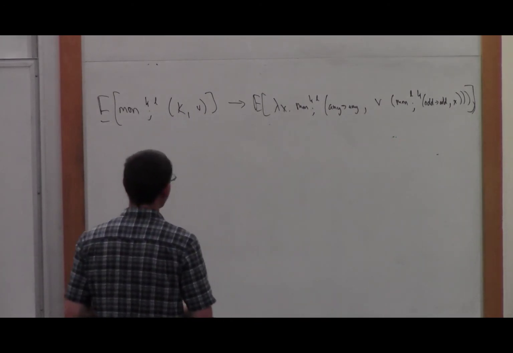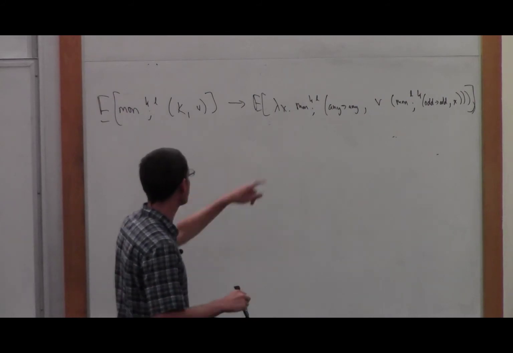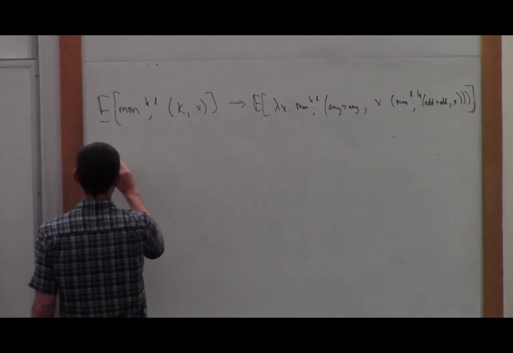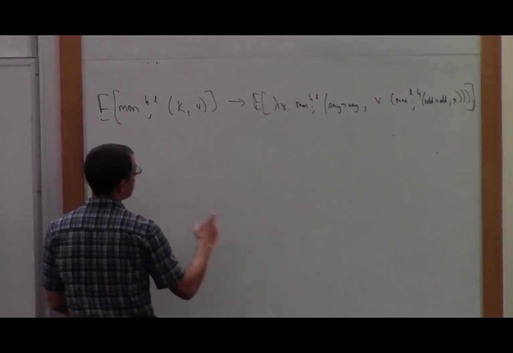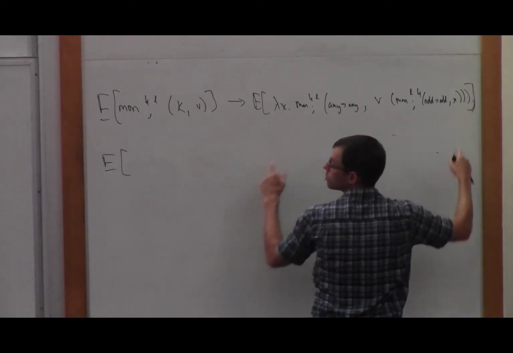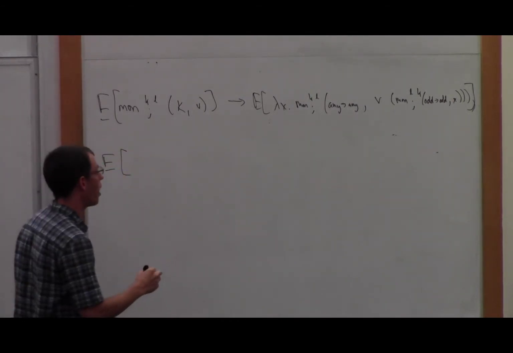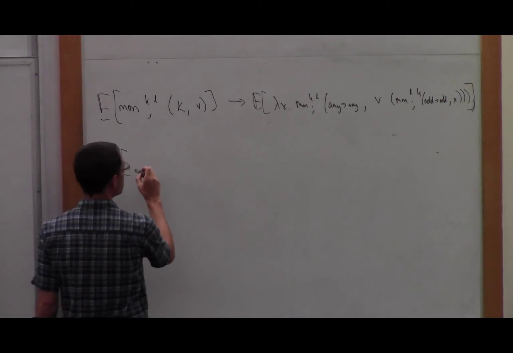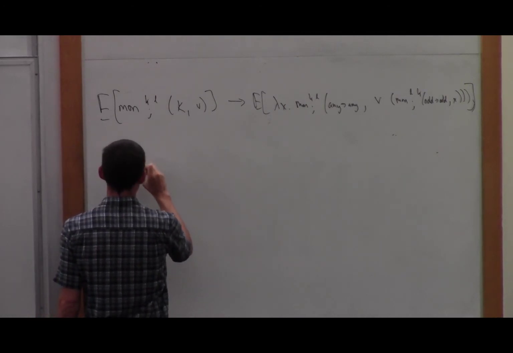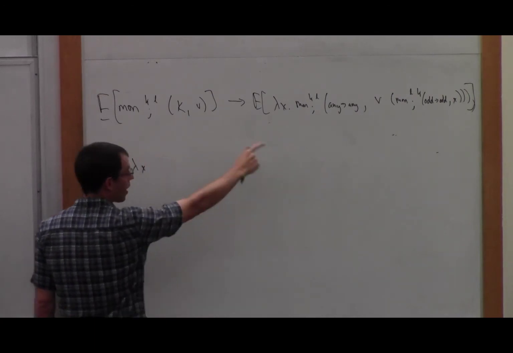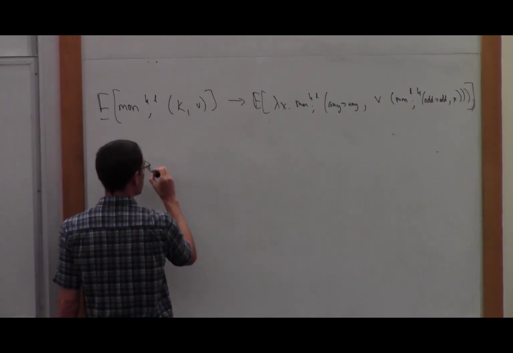So now the next step we're going to take is we're going to apply this to lambda yy. So we're going to substitute in lambda yy for x. And I'll just write down the resulting term.